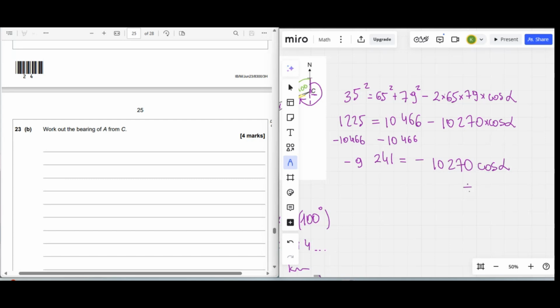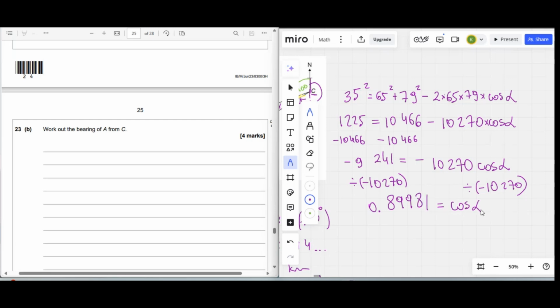Now divide both sides by whatever is next to our unknown. So that will be divided by 10,270, which is not negative, but positive. 0.8998 is cosine alpha.